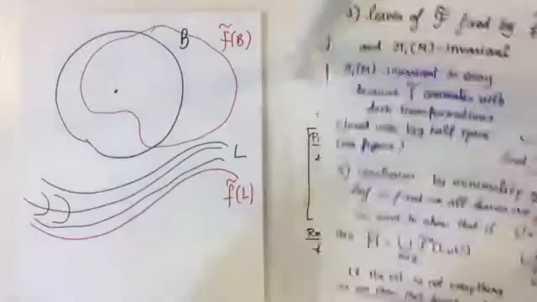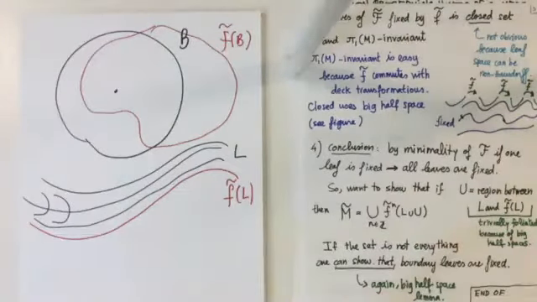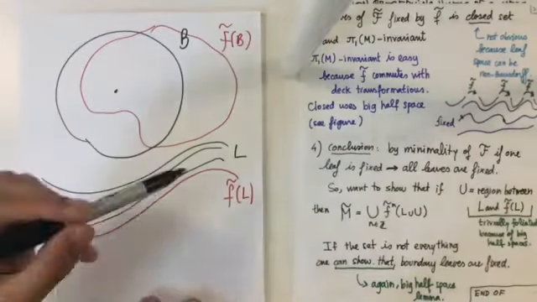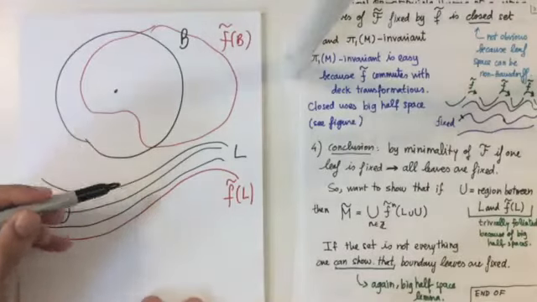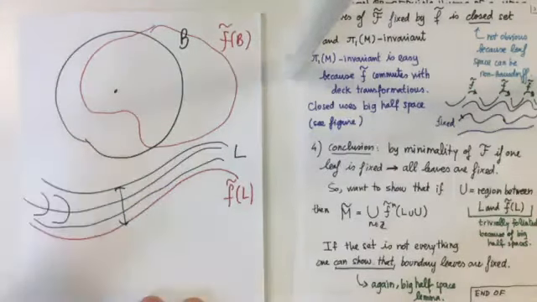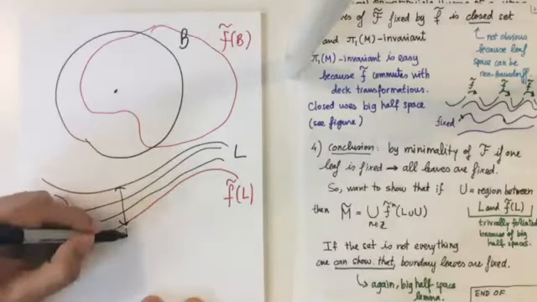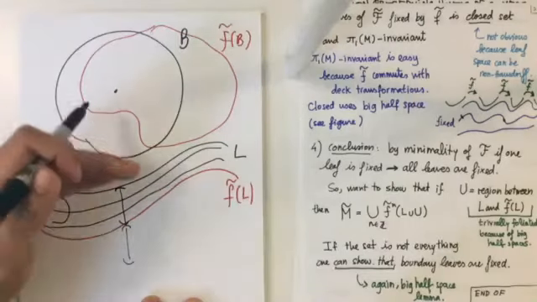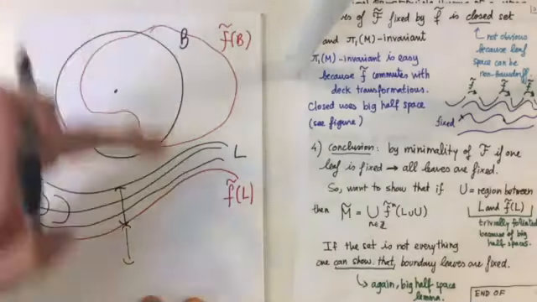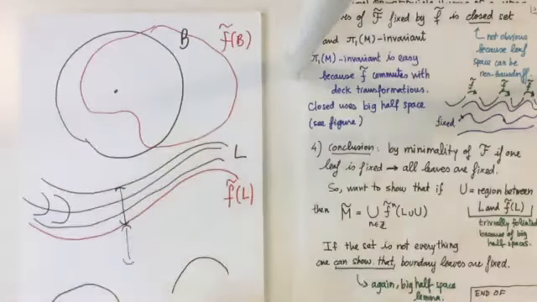So what's remaining to show is that in the case where no leaf is fixed, then the space of leaves is homeomorphic to R. And that's essentially because of this observation. So between L and F tilde of L, you have an interval worth of leaves. And as you start iterating, you can show that you will cover all the universal cover, because if that limits somewhere, you would get some fixed leaf.